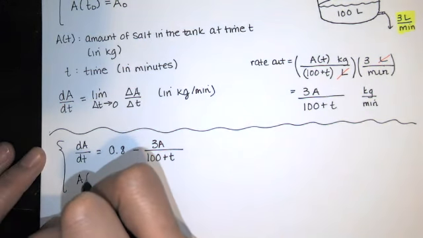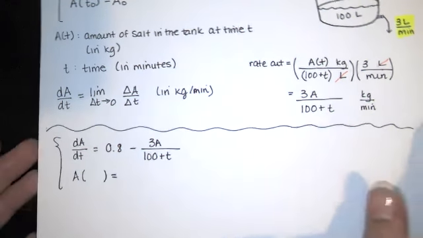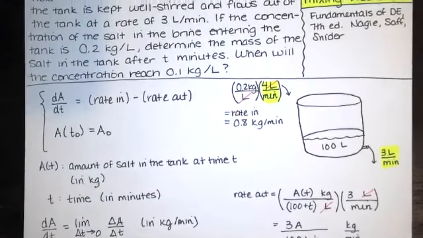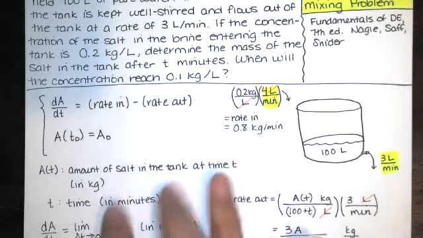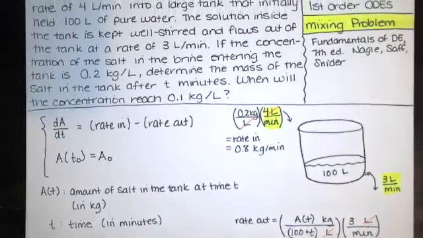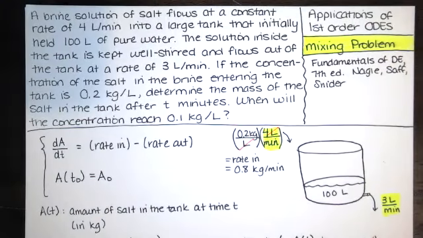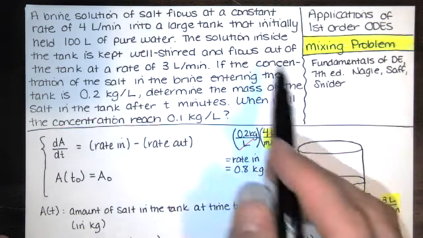We also need an initial condition. Let's go back to the problem statement. This is about salt, the amount of salt I have in the tank. So up here somewhere, it must tell us how much salt is in the tank initially. Here it is.